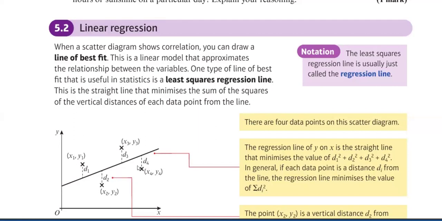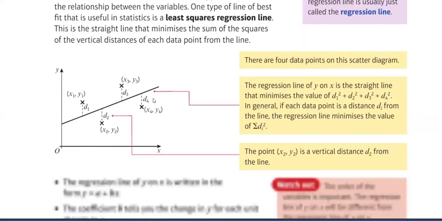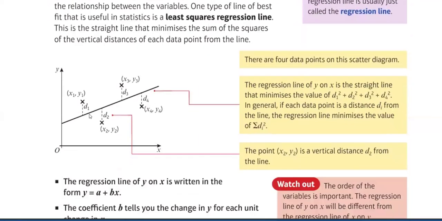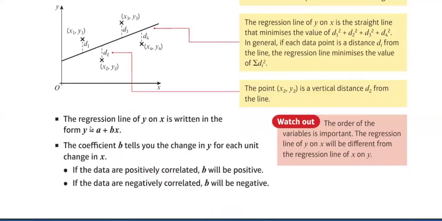If you have some points, we have to draw the best fit line. It is called linear regression. For that, we have to use the data x1, y1, x2, y2, x3, y3, and x4, y4. The regression line of y on x is written in the form y equals a plus bx because it is a line.